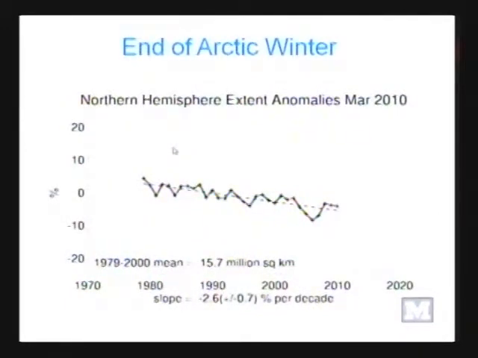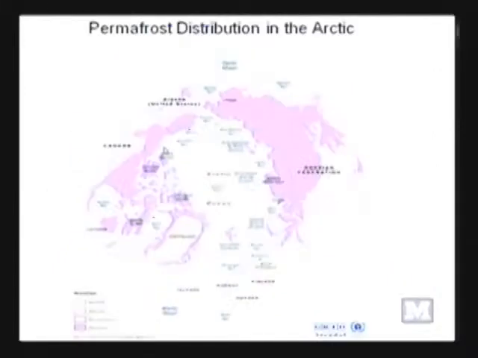Well, this changing thermal regime in the Arctic is spreading to the regions around the Arctic. It's spreading further south in all directions. And what's being affected is the area of the globe that is in the condition of permafrost, which means that the temperatures in the subsurface are below the freezing point.